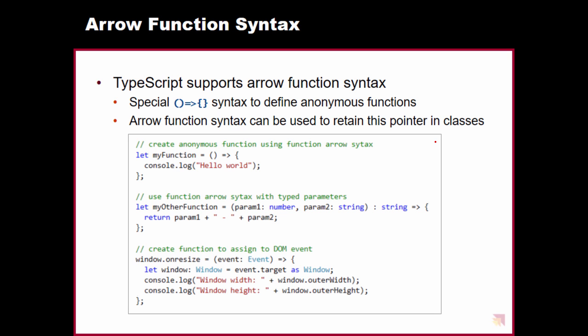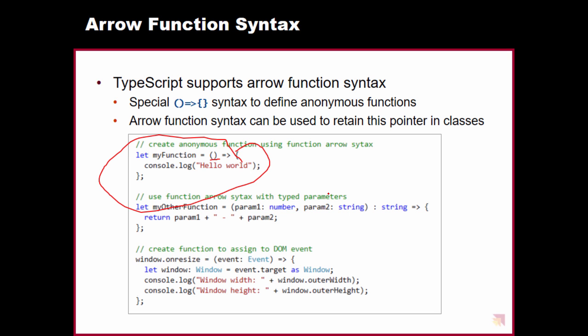And if there are no parameters, you just have the open and close parentheses, so it looks kind of like the hairy eyeball. And then you have equals greater than, which is basically the arrow operator. And then we basically have open and close curly brace. So here's a case where I create a parameter list that's not full. And then down here, we go ahead and we create the function body inside.